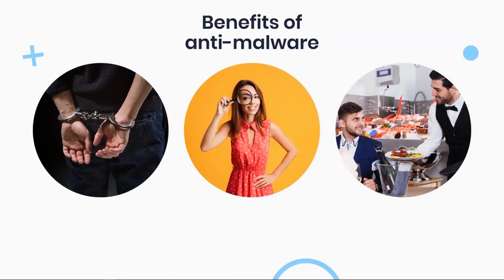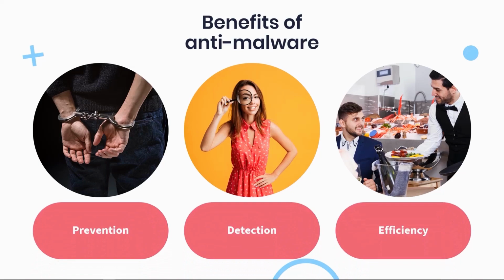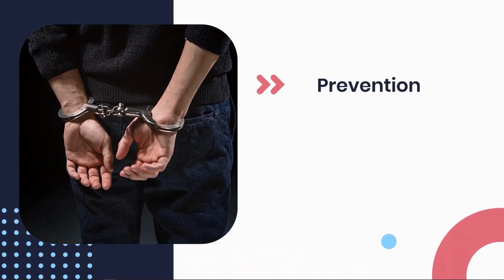There are a lot of benefits one could gain from using anti-malware software, and some have been developed with an additional security feature to protect end devices. Some of the obvious benefits of anti-malware include the following: prevention, detection, and efficiency. Prevention. Users can prevent malware on their system. An antivirus depends on IOC signatures to be able to detect malware on the system.